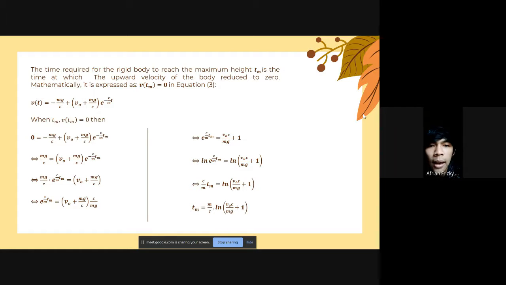So we get ln of exponential of c over m tm equals ln of (V0 c over mg plus 1), and c over m tm equals ln of (V0 c over mg plus 1). So the result is tm equals m over c times ln of (V0 c over mg plus 1). Okay, next.